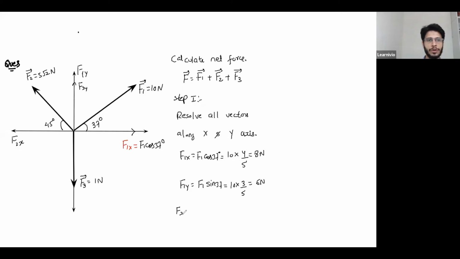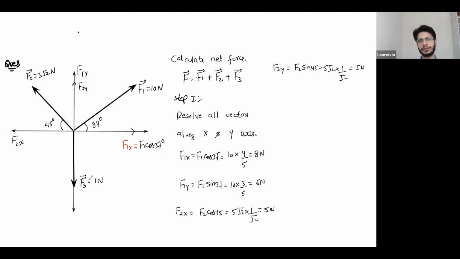Similarly, F2x is F2 cos 45. So F2 is 5 root 2, cos 45 is 1 by root 2, it's 5. F2y is F2 sine 45. F2 is 5 root 2, sine 45 is 1 by root 2, that's again 5.